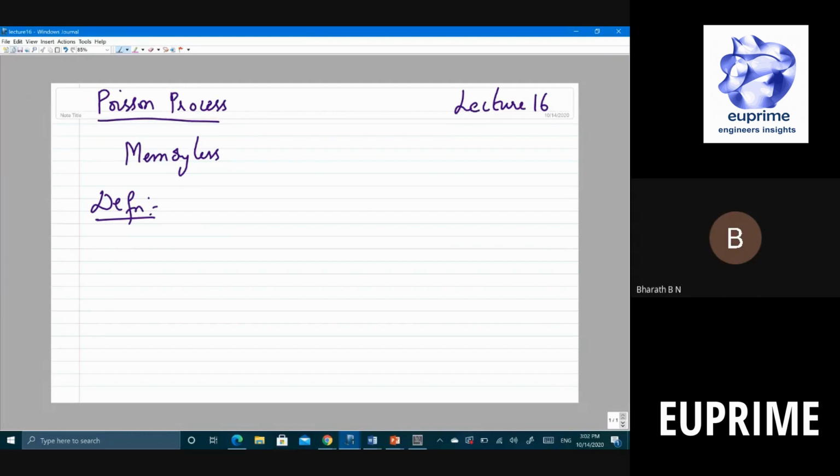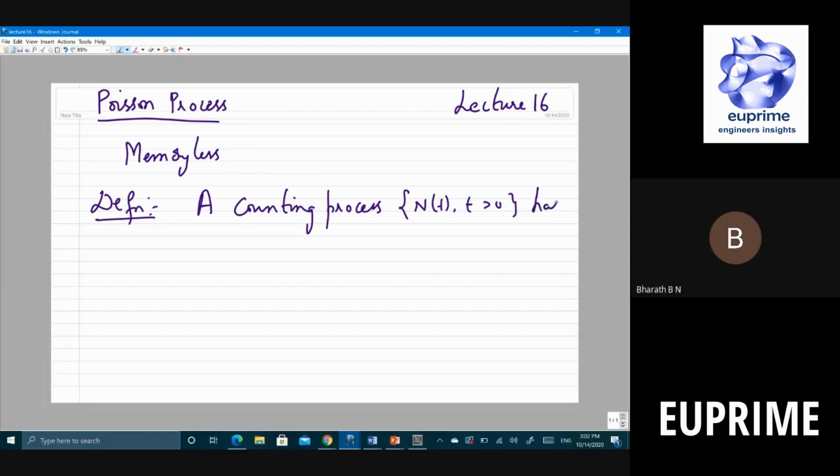So we started looking at what is known as a stationary increment. A counting process, this one, counts the number of arrivals.